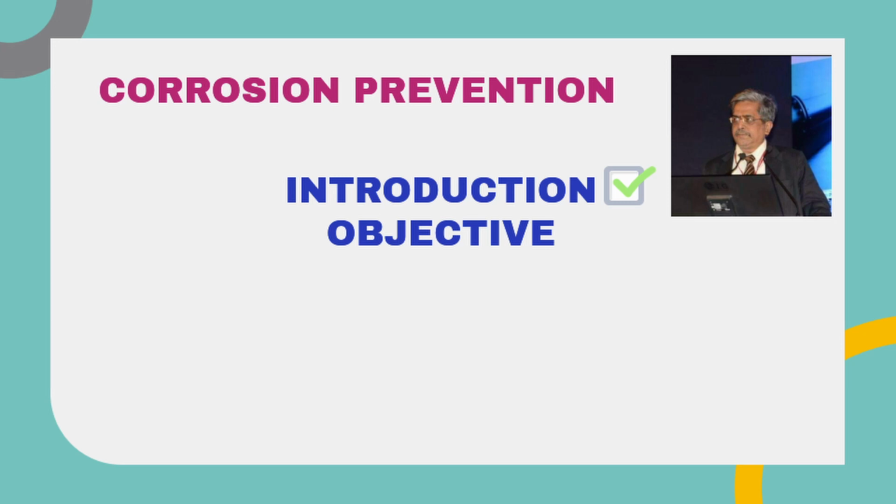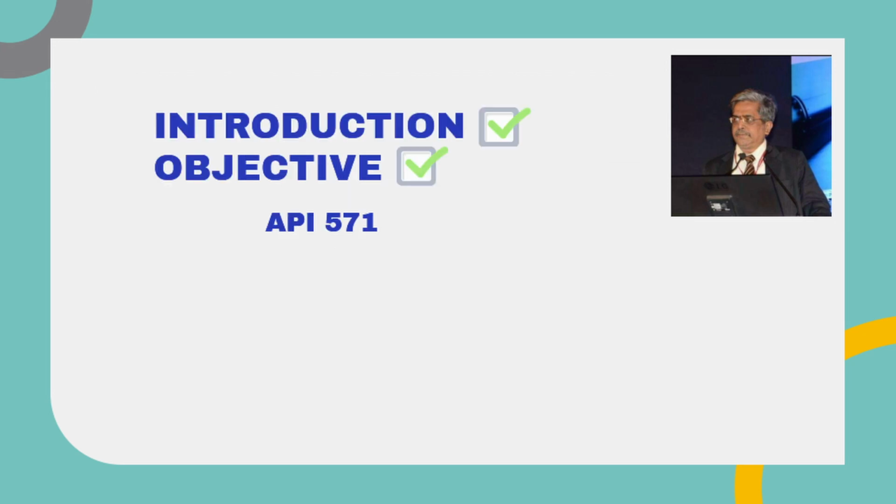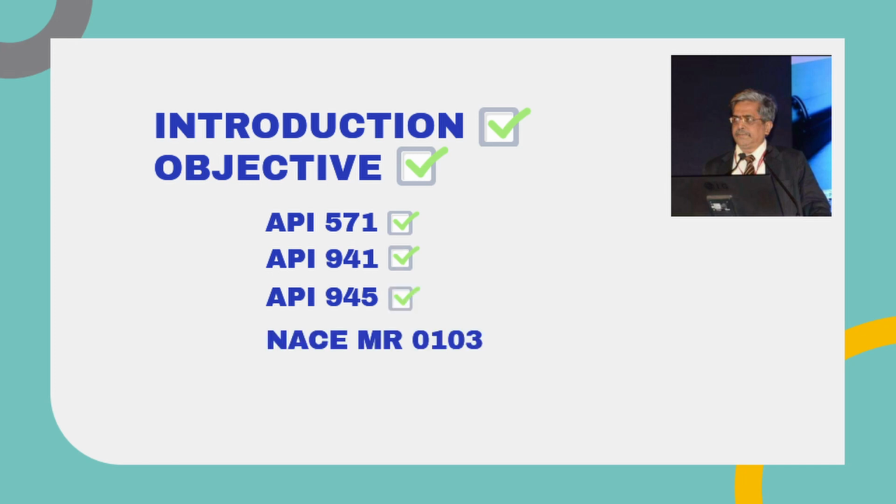In all the forthcoming videos, I will explain various corrosion mechanisms and their prevention covered in international engineering standards such as API 571, API 941, API 945, NACE MR0103, NACE MR0175, and other engineering standards on a need basis.